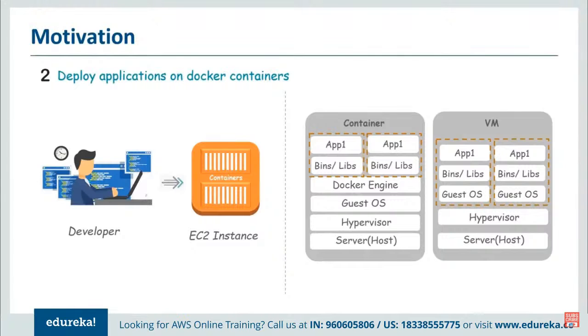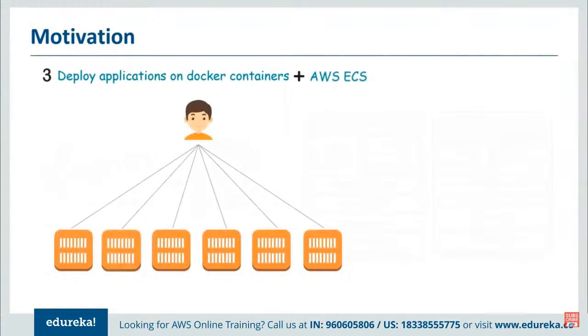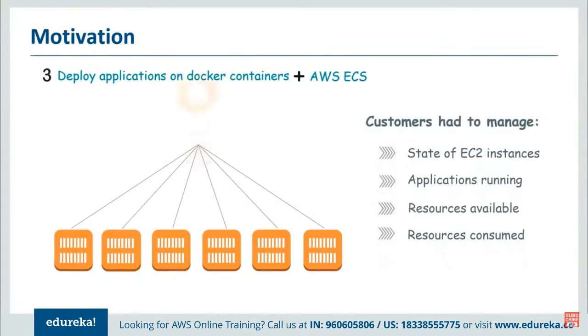So container services started becoming more and more popular, and people started using them at a very huge scale. So the number of containers in an instance started increasing, and the number of instances also increased. Now, managing all this increased number of containers and instances is always a tedious task. This was when Amazon introduced a container management service called Elastic Container Service.